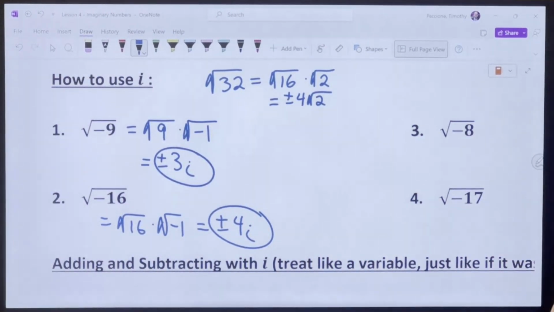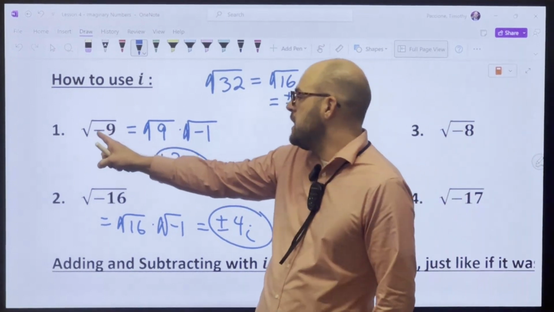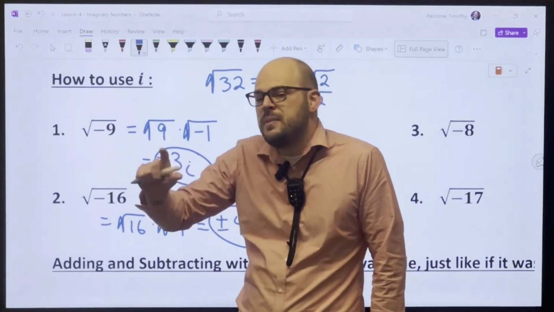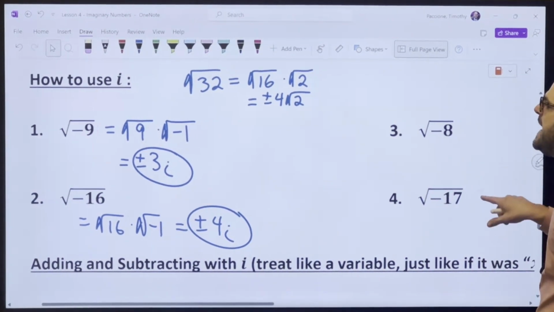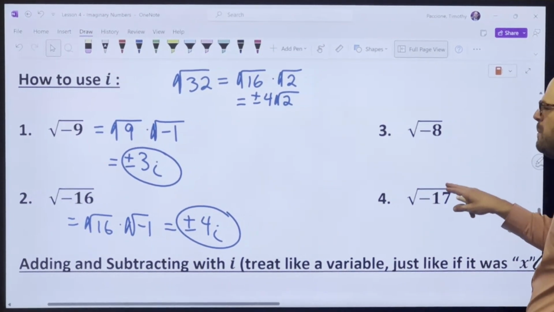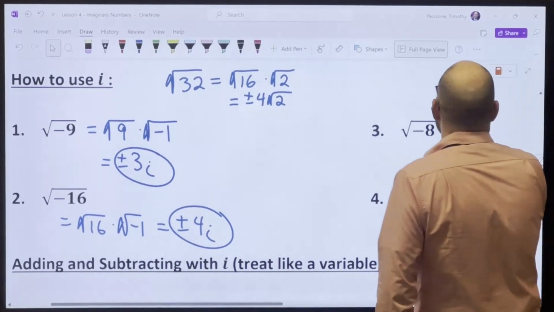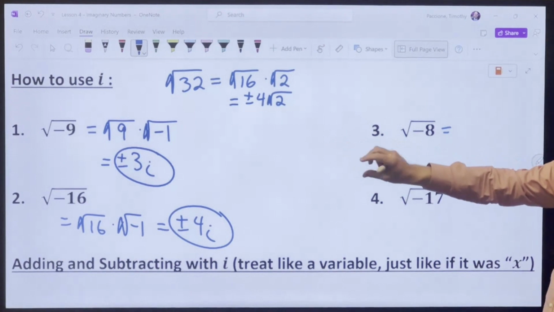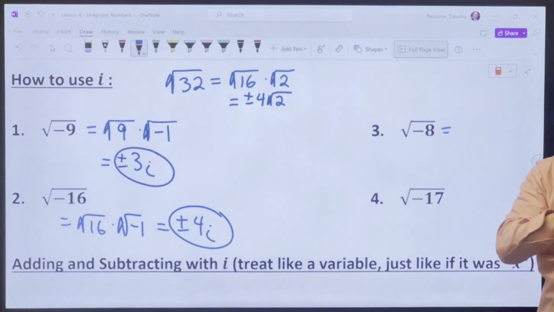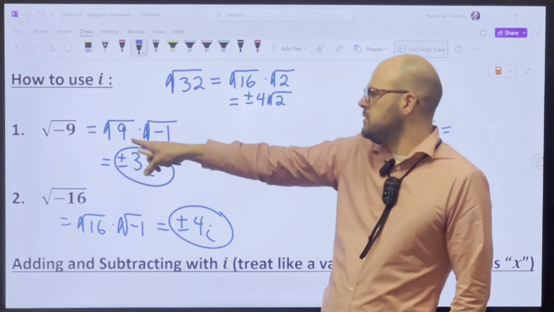Now, that's if I already had a negative perfect square. But even if I didn't have a negative perfect square, like in number 3, it's not a perfect square. But let's start with what we just did. What's the first thing I could do to pull this apart? Let's just do this first.